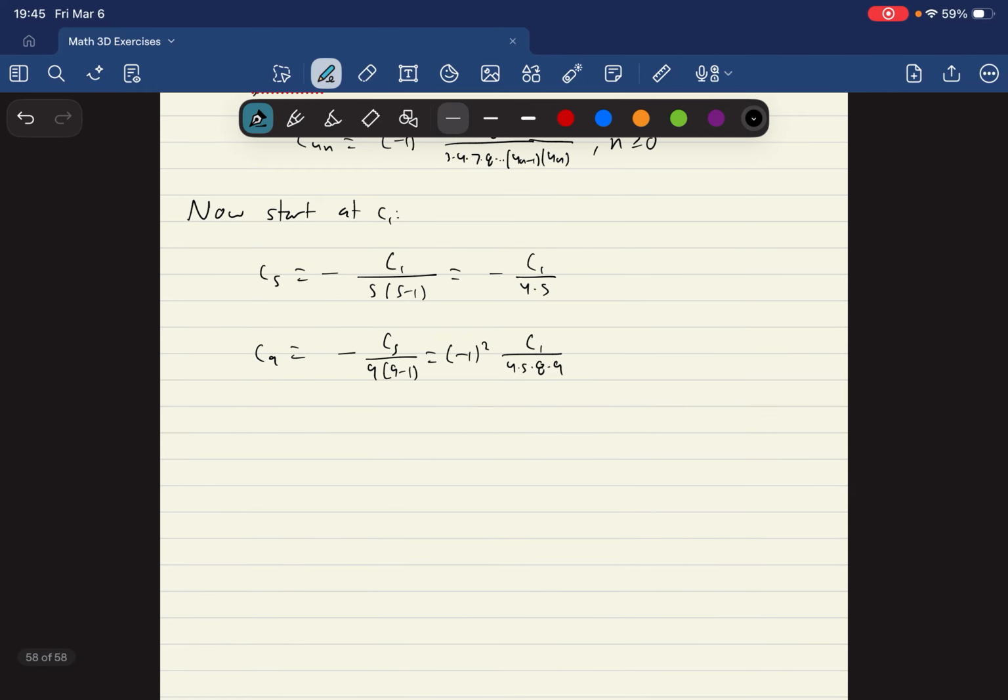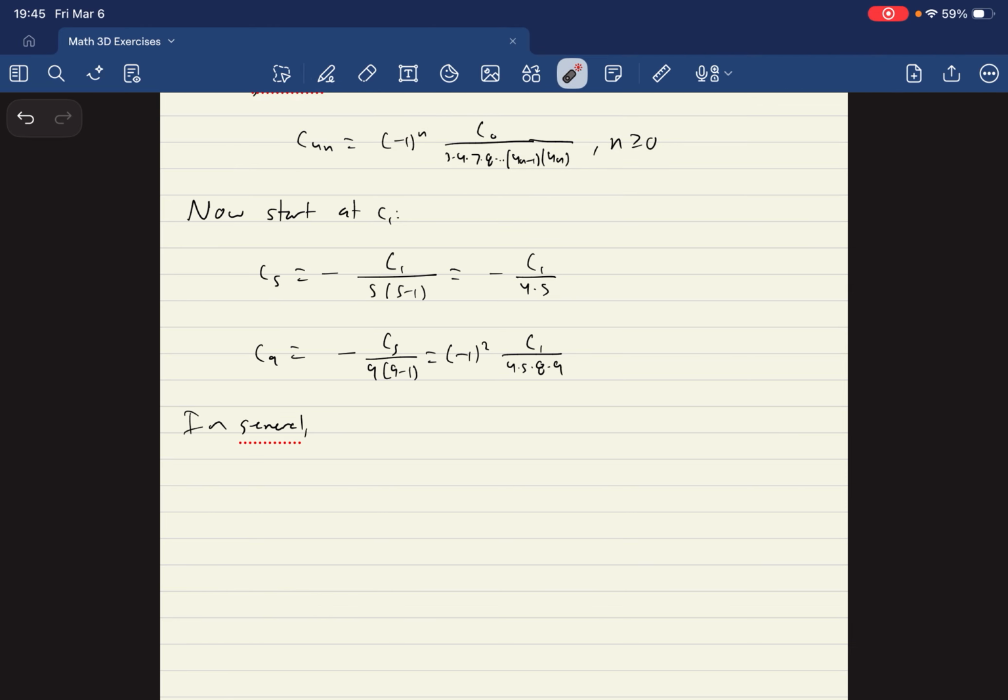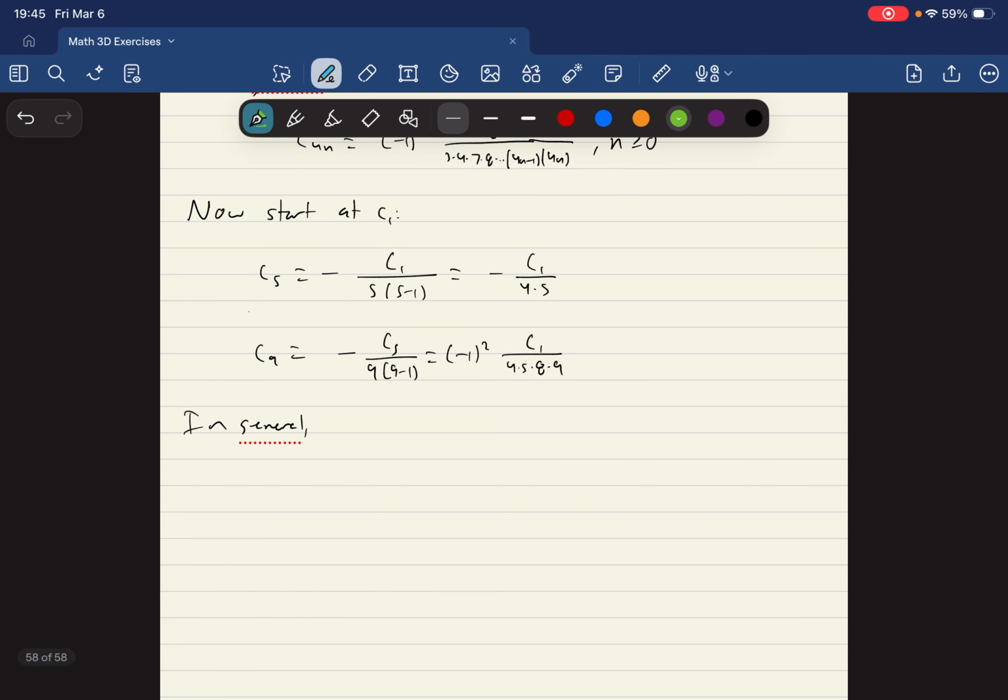And here we get another pattern. So notice that these numbers look like 4n plus 1.